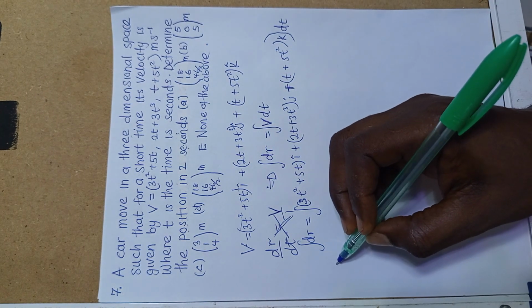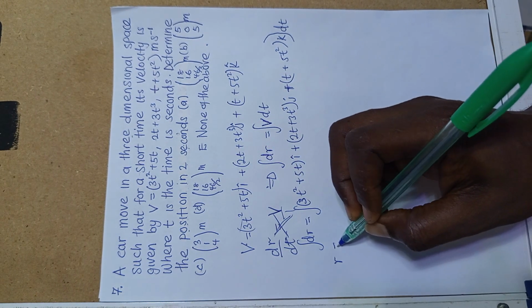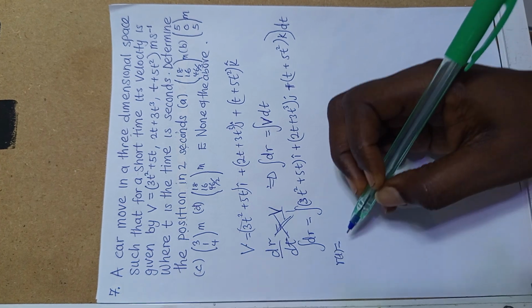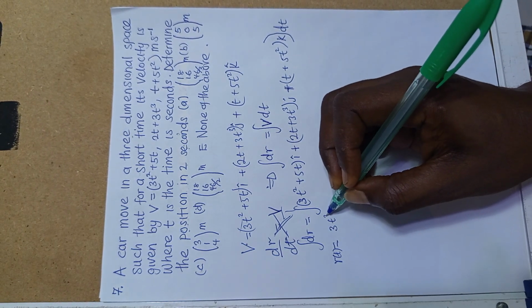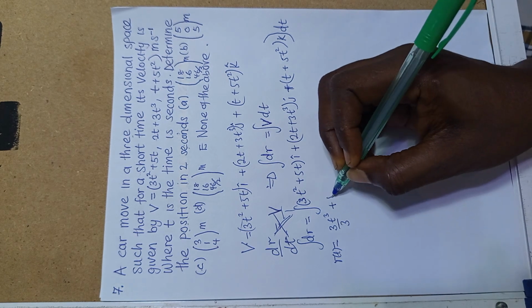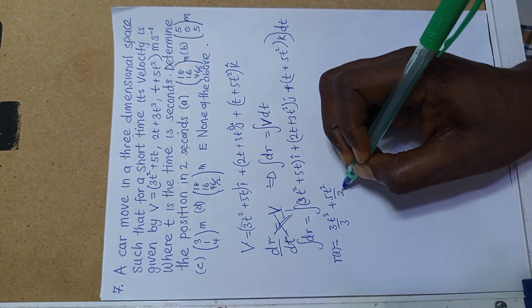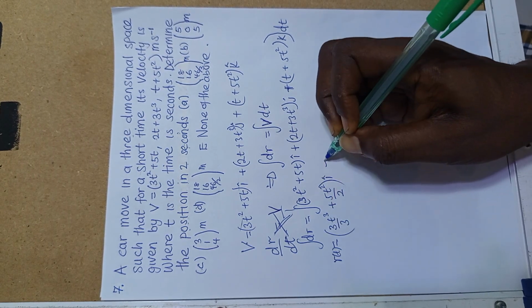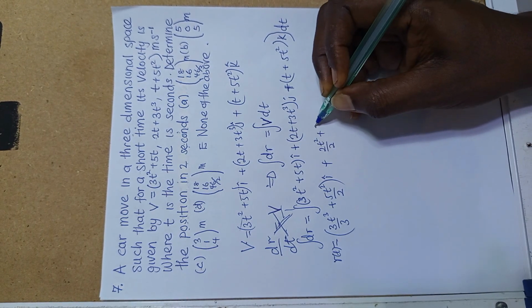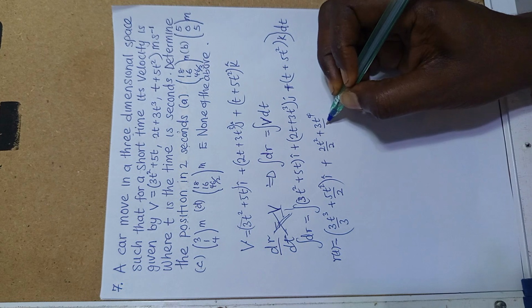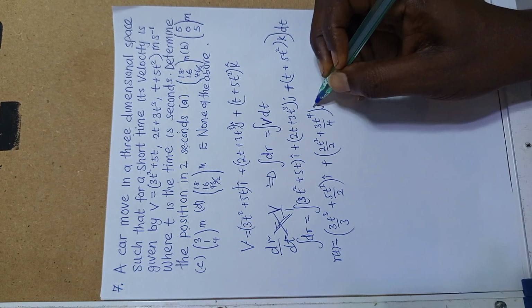Now if you integrate with respect to t, it will give us r as a function of t equal to 3t cubed over 3 plus 5t squared over 2, that is i, plus 2t squared over 2 plus 3t to the 4 over 4, that is j.